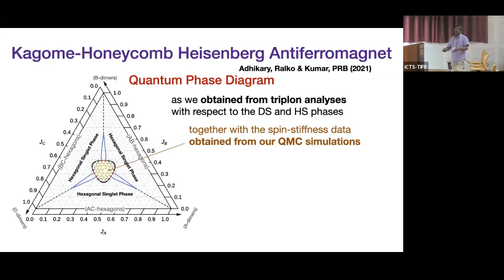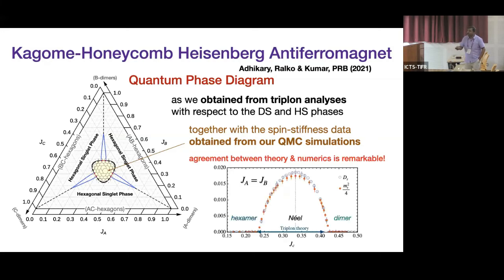And this agreement is actually quite good. I'll show you this line. Just imagine traversing along this line, starting from the AB hexagon and going towards this corner. You start from AB hexagons, you get no stiffness or no order parameter. These are the two quantities computed from QMC. And the transition point here is nearly the same.